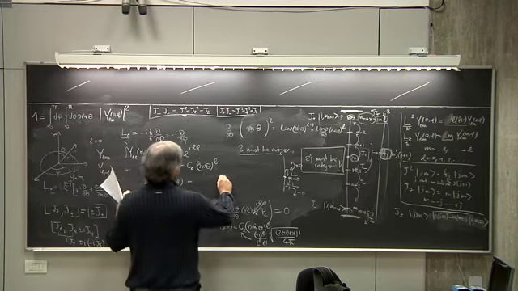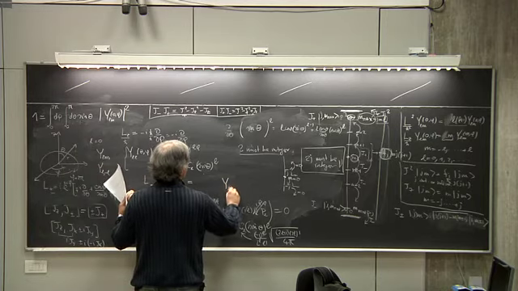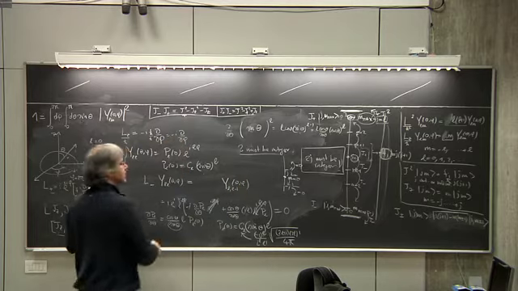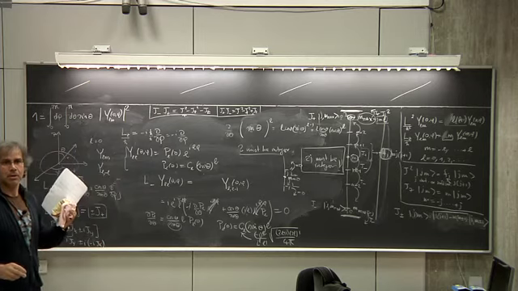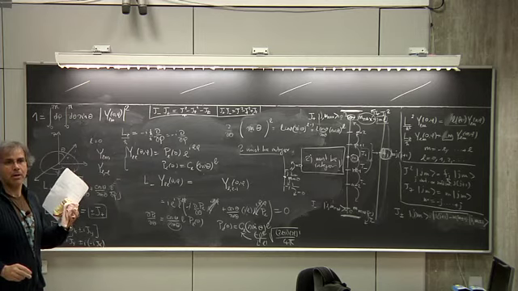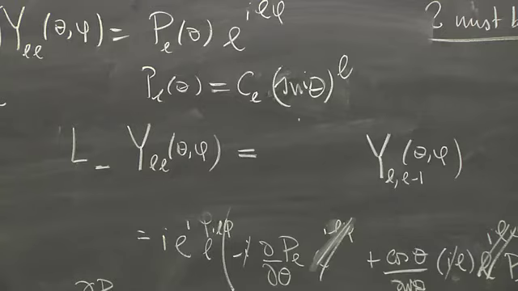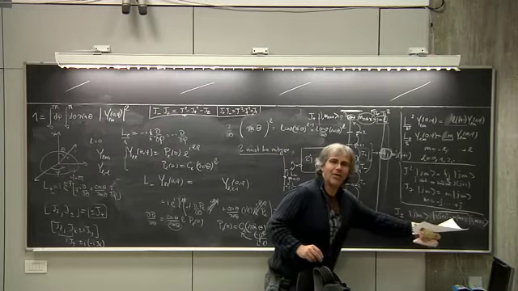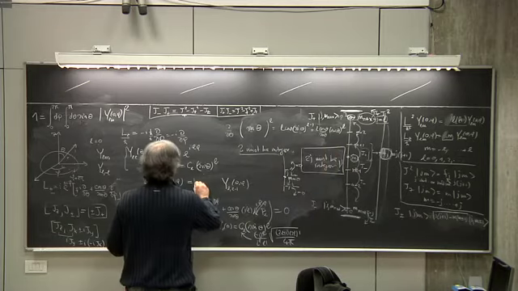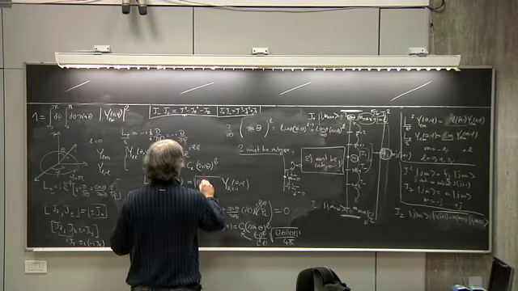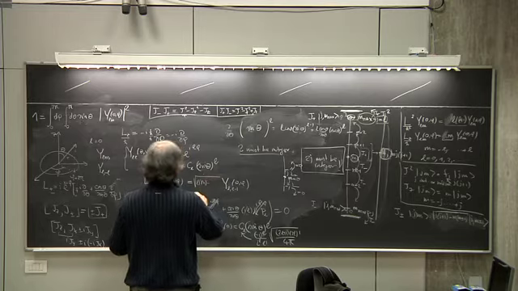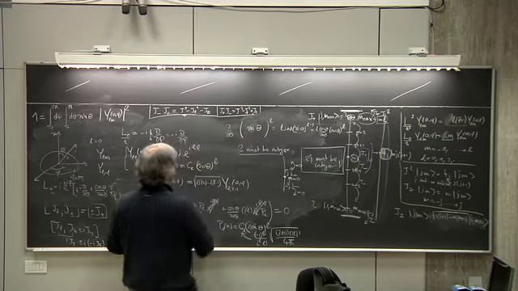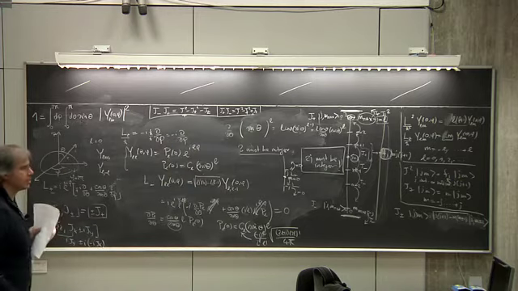You might say, I get Y_L,L minus 1. With what coefficient? It's written there. The coefficient is the square root of L(L plus 1) minus L(L minus 1), if you read it properly.